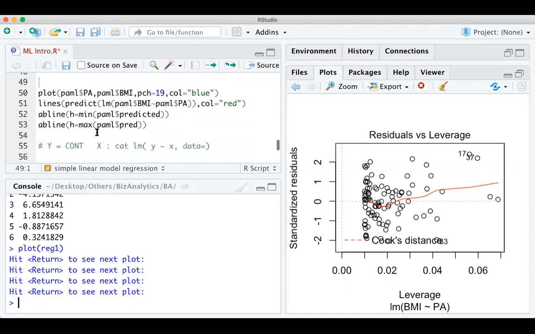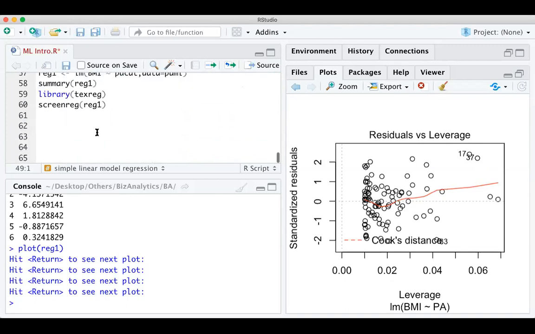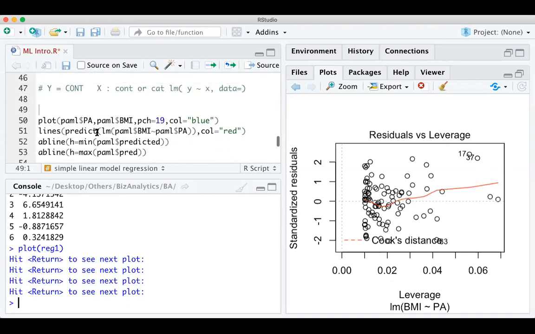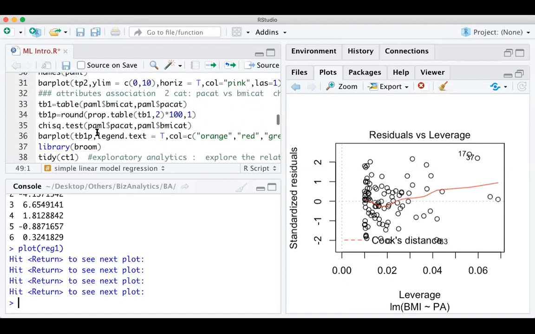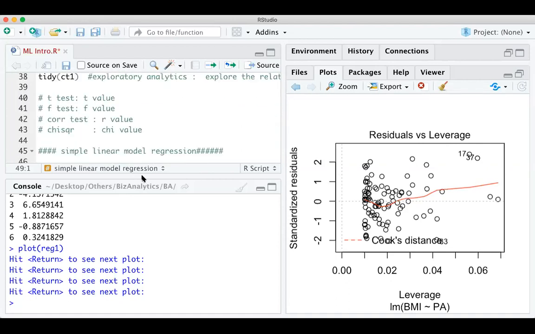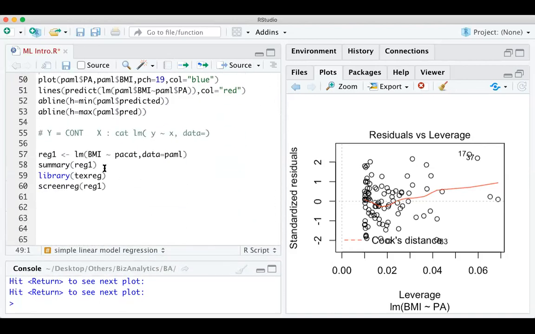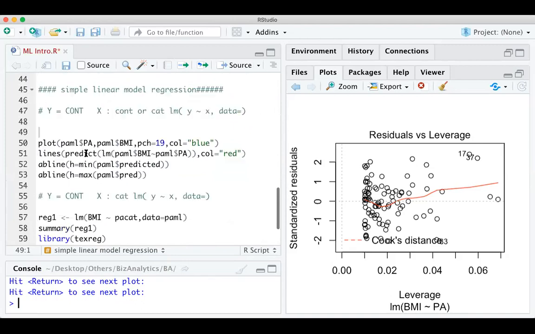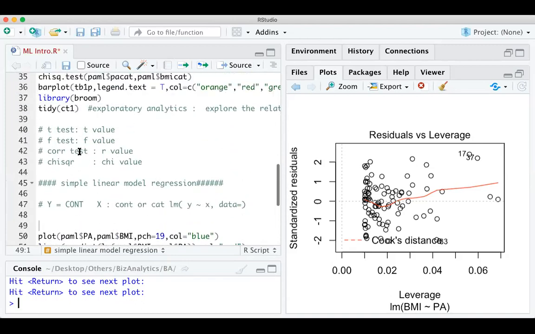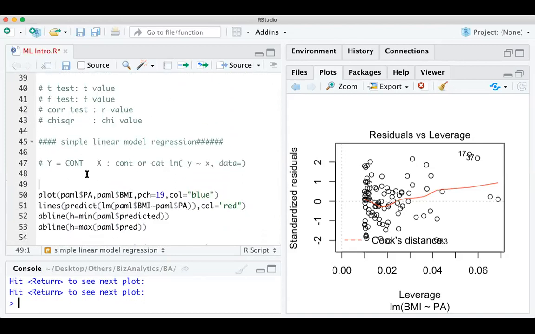Where is the plot? We did a plot, right? Okay. So we are trying to do a plot here. I didn't take the plot.